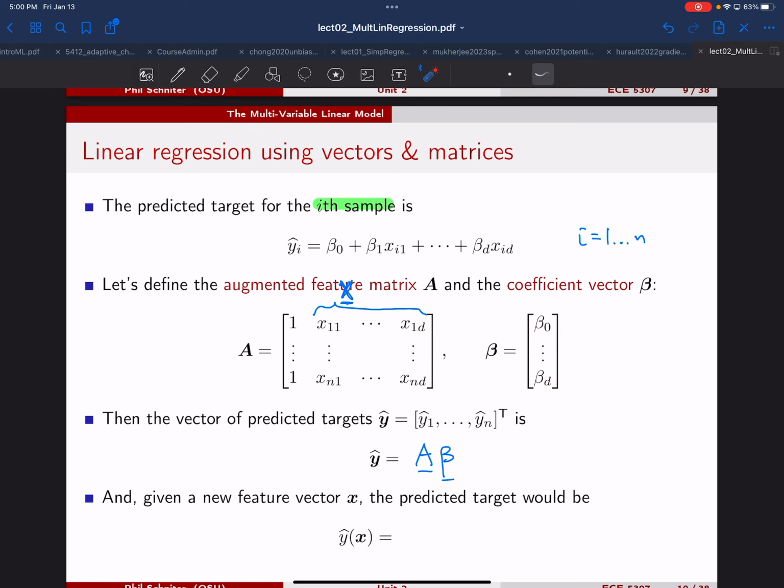And now you can see that the 1 in the first position will multiply the beta 0 to give me this term, and then all these feature values will multiply against the remaining betas to give that. So by adding this column, we were able to easily handle the beta 0. It's almost like there's an additional feature that we added that always has the value 1. If we didn't have that, what would happen?